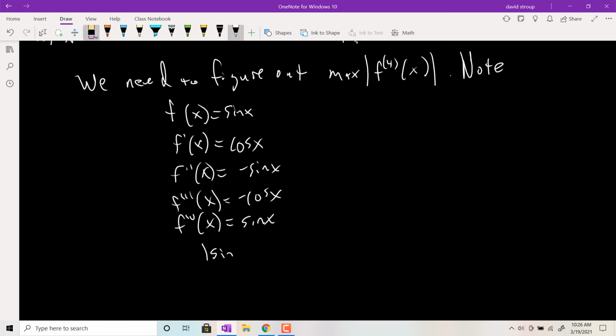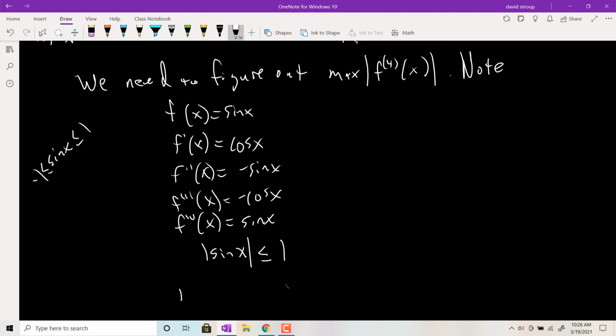The absolute value of sine of x is always going to be less than or equal to 1. And that just comes from the fact that sine of x itself is between 1 and negative 1. And all we're looking for is an upper bound. It has a lower bound of 0, but for this work, we just need the maximum, which is 1.